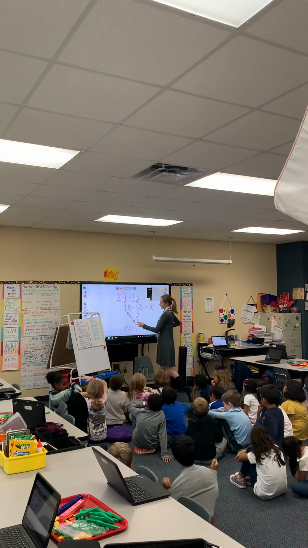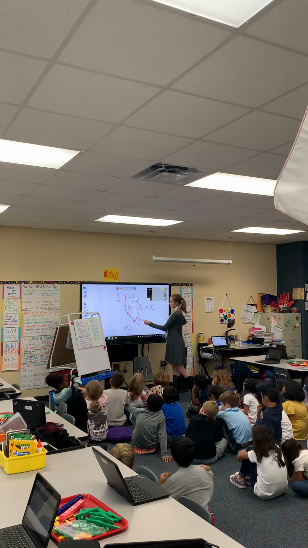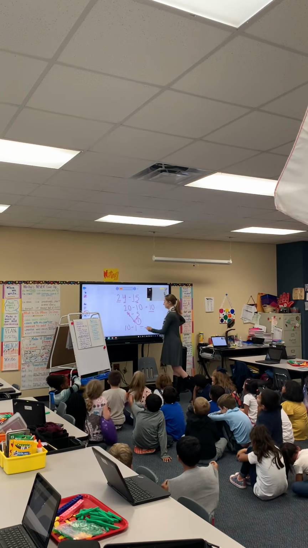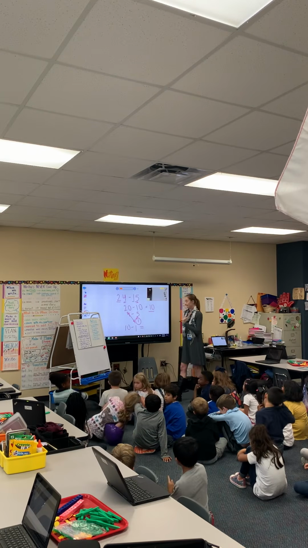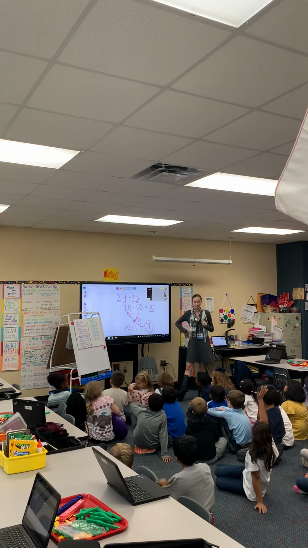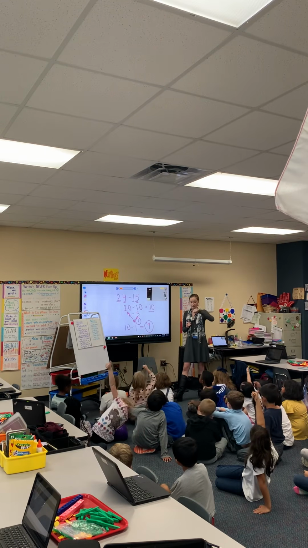That makes 0. But you still have 1 left. And you have the 10. What's your answer? Yep, like that. All right. Thumbs up if you agree. Thumbs down if you disagree.